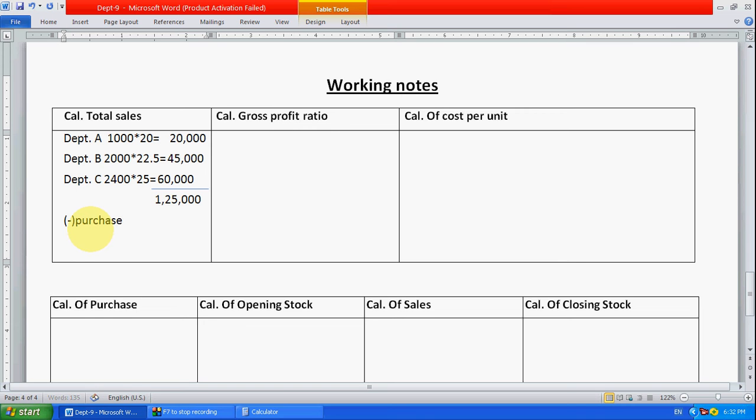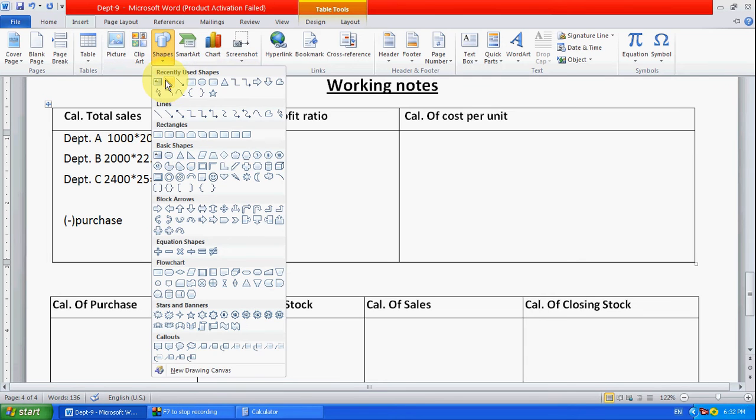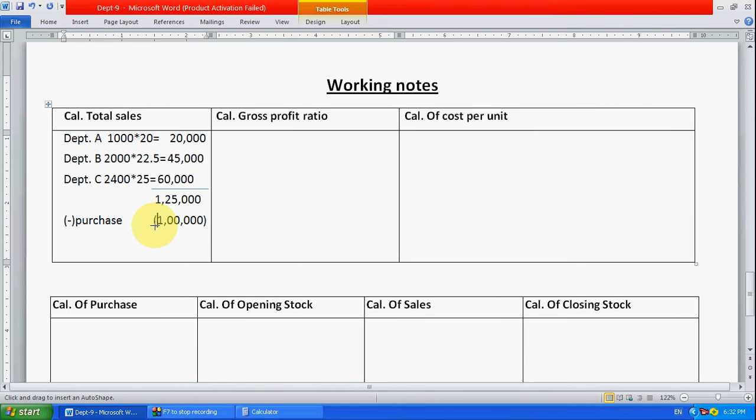Purchase how much? Purchase is 1 lakh, so deduct 1 lakh. Deduct this 1 lakh. So how much are we getting? We will get 25,000.